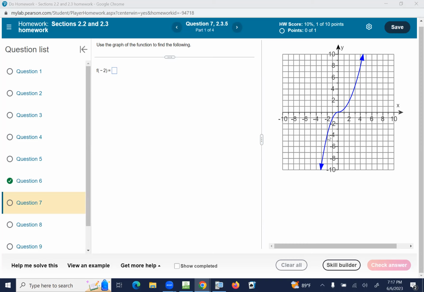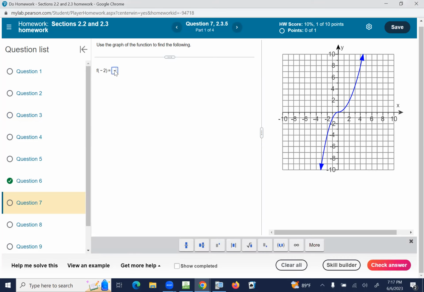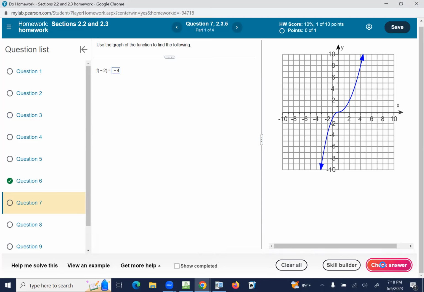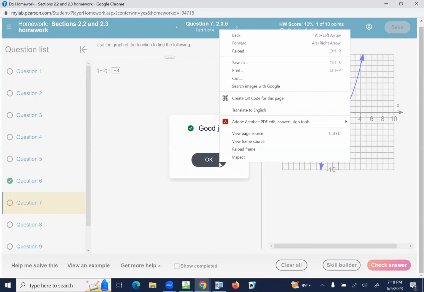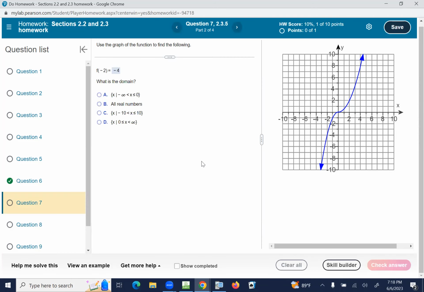And that looks good. That looks like a -4, so good job. So let's put in our -4.